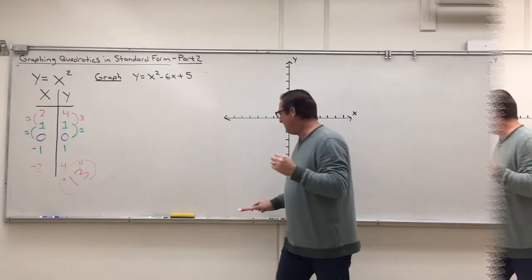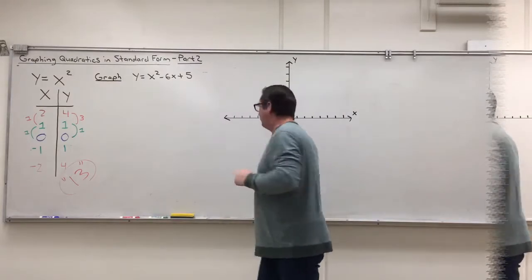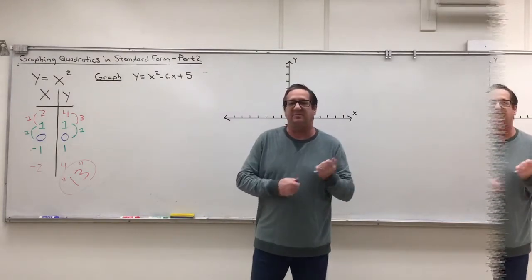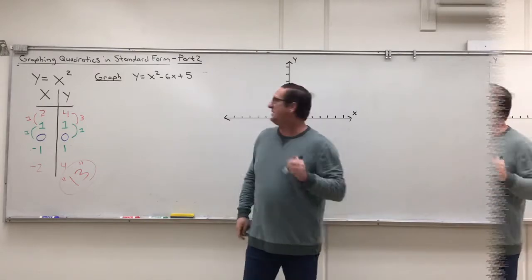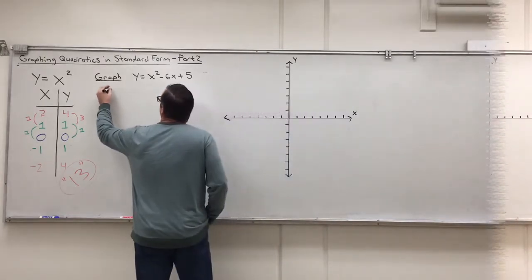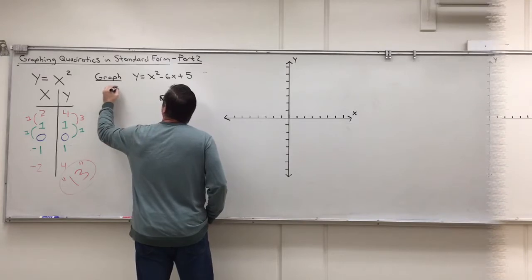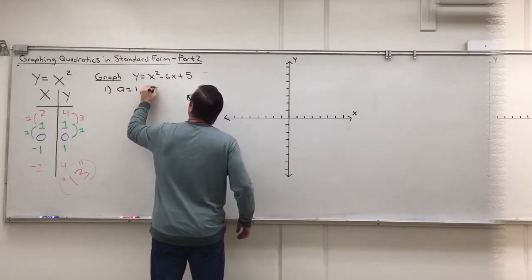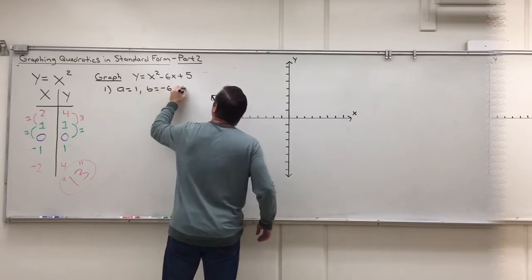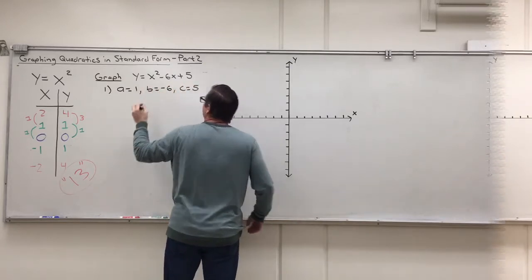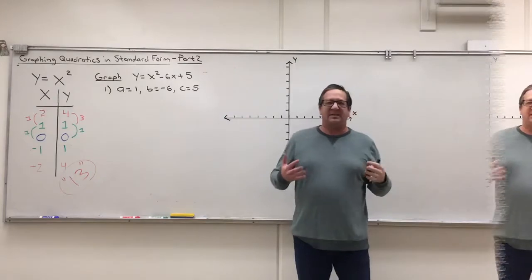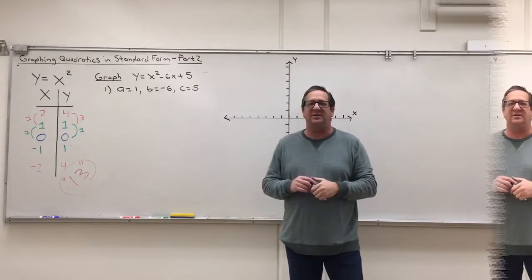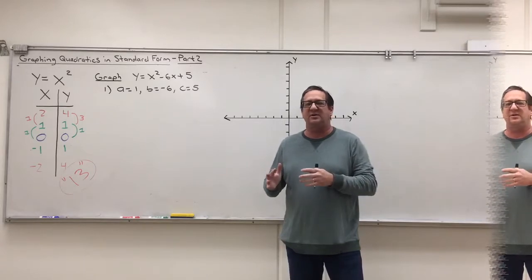But of course, we can't make a table until we know something about this right here. So I'm going to show you these 3 steps. Some of these steps you're not going to find absolutely necessary, but I like to include them in each problem just so I stay organized.